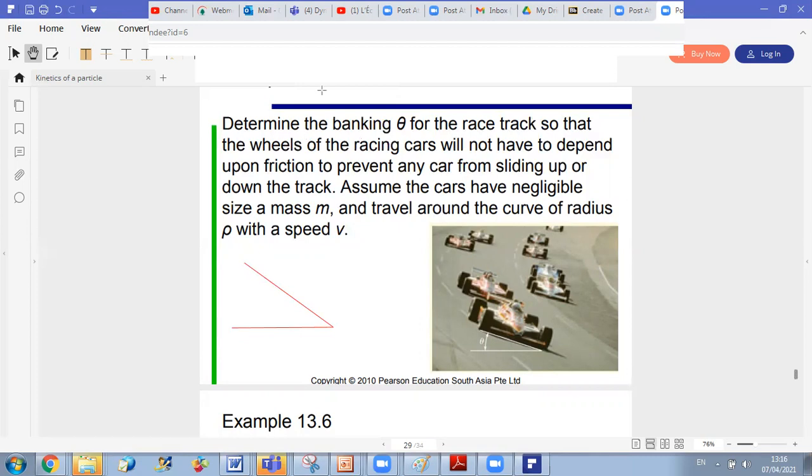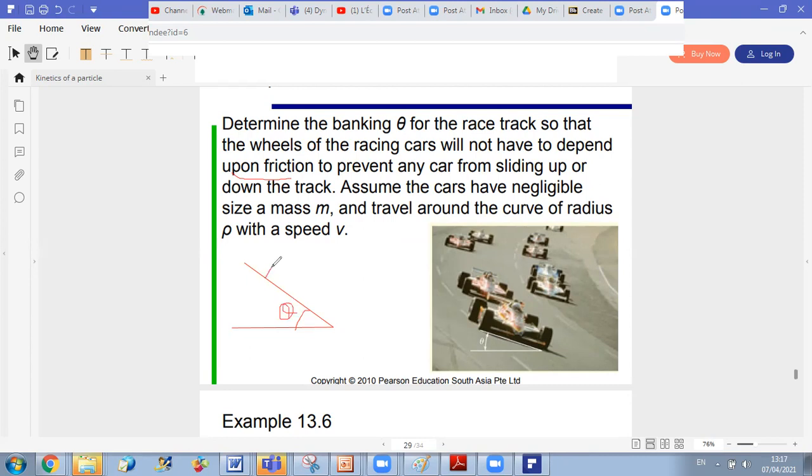And the angle of inclination of the race is designed in a way to facilitate motion, so we can have motion with constant velocity without depending on friction. How to do this? We will see in this problem how we can do a preliminary design of what theta should be in order to move without depending on friction. So this is the angle theta, and this is my car.